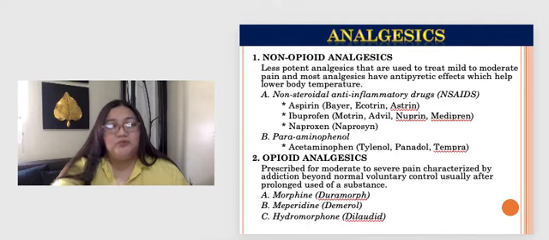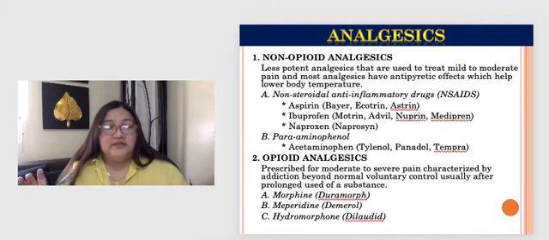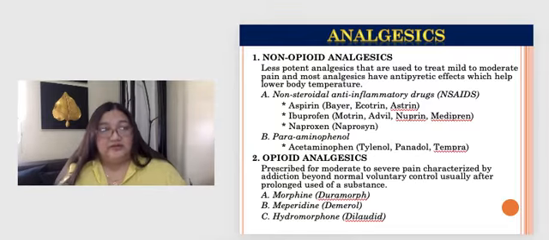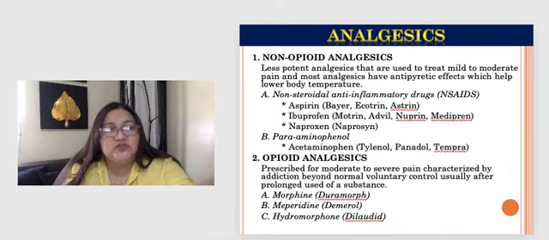So, dalawa na classification under the non-opioid, yung NSAIDs and the para-aminophenol. Ang NSAIDs, non-steroidal anti-inflammatory drug. We will further discuss them later as an anti-inflammatory drug in general. Pero dito, for purposes of determining ano yung mga pain medications, under siya sa analgesic.